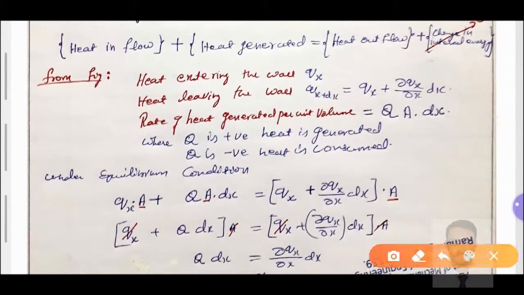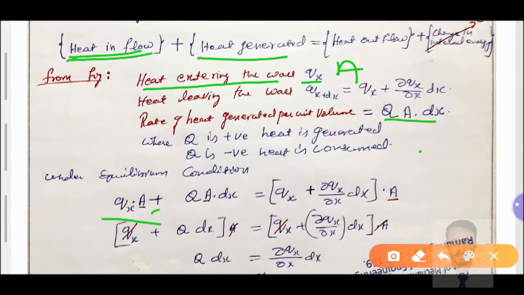Then this equation is under equilibrium condition. The input flow, that is the heat entering the system with respect to the area of cross section A, is said to be the heat inflow. Then q of x into A is the rate of heat flow into the system, plus the heat generated by the system, capital Q A dx, is equal to the heat outflow, which is q of x plus dx, equal to q of x plus dou qx divided by dou x into dx.